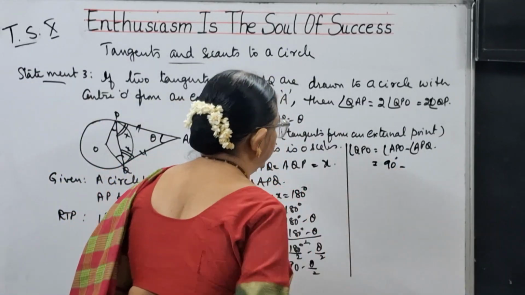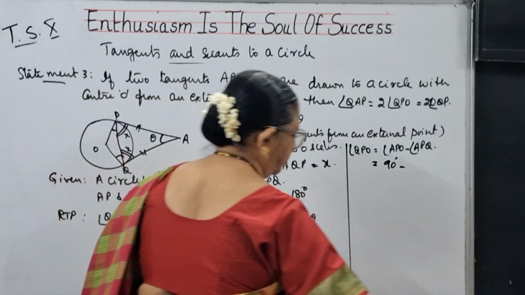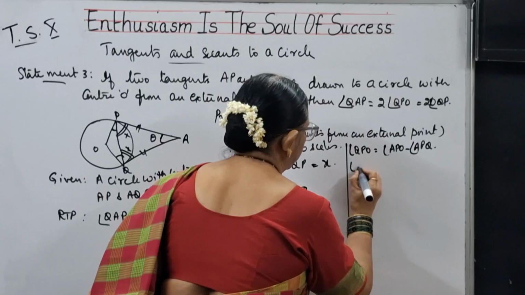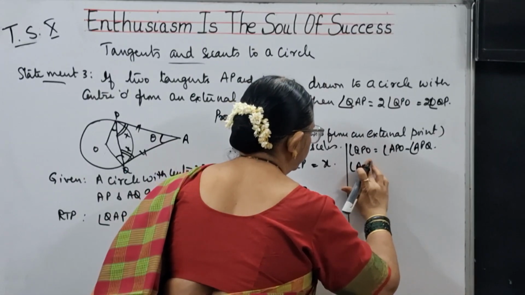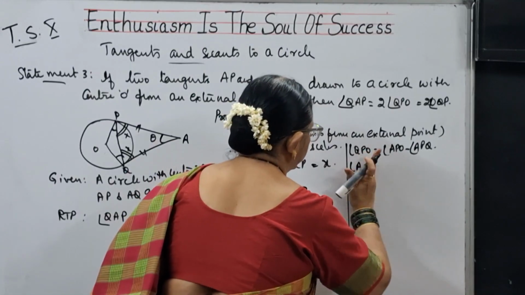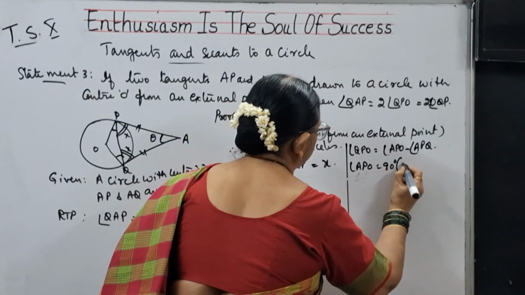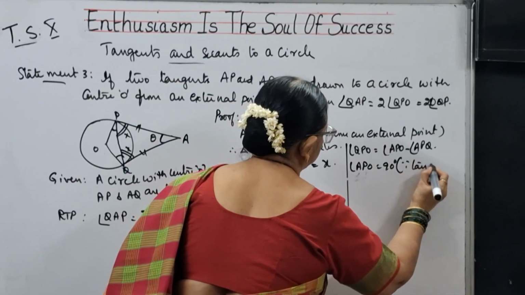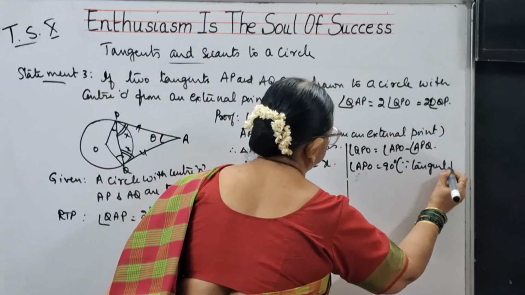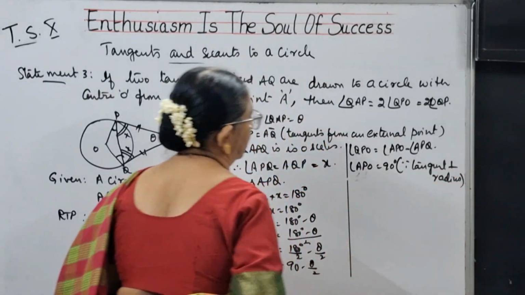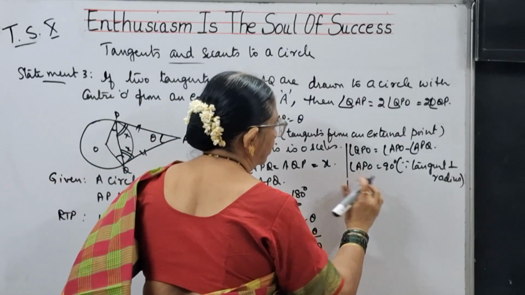Separately I will write first, otherwise it will be easy for you to understand. Angle APO is equal to 90 degrees because tangent is perpendicular to radius. Afterwards you may get a doubt how it has come, that is why I am writing this, children.